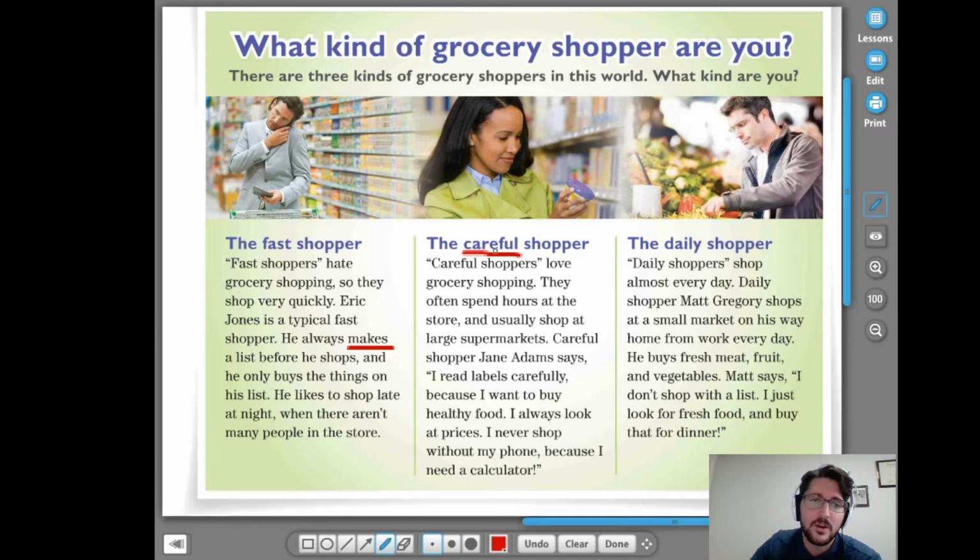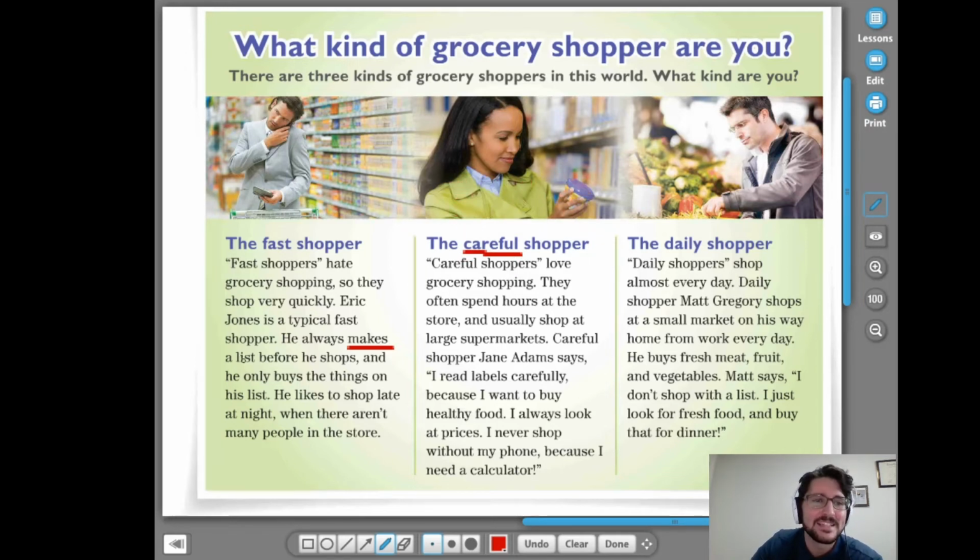In this word, it means 꼼꼼한 shopper. A 꼼꼼한 shopper is a very careful shopper. We'll explain a little bit of that later. I'll erase it. My writing is not very good.